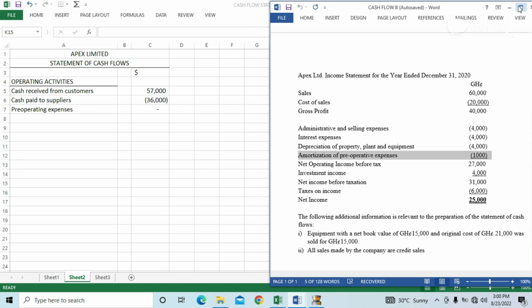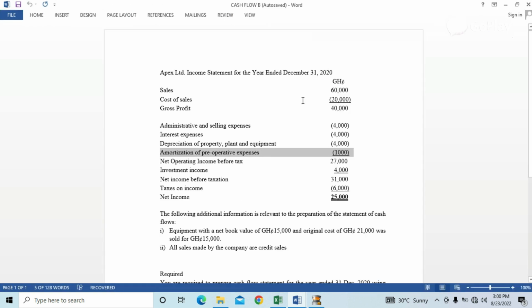So let's look at the income statement here. I'm going to zoom in a bit. We have administrative and selling expenses, which is 4,000. We have interest expense, also 4,000.